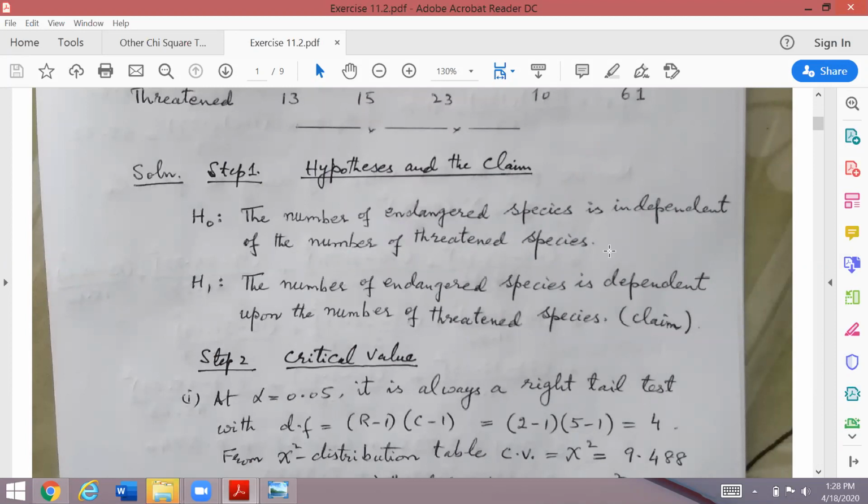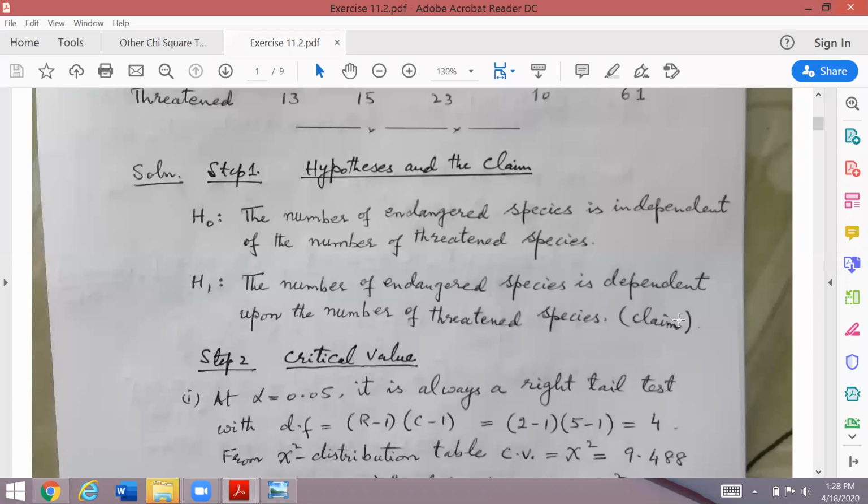The number of endangered species is independent of the number of threatened species. We are rejecting this statement. So when H naught is rejected, you are going to support H1, and H1 is your claim. So what sentence will you be writing? There is enough evidence to support the claim that, and the good thing is now you don't have to go back to your books or the statement of the question.